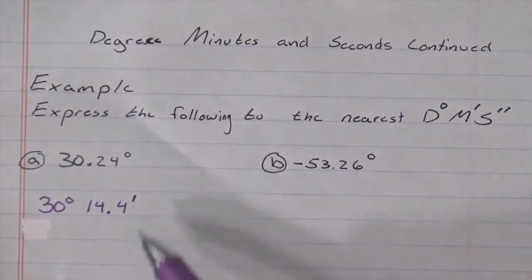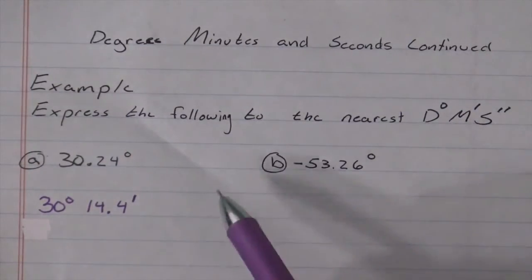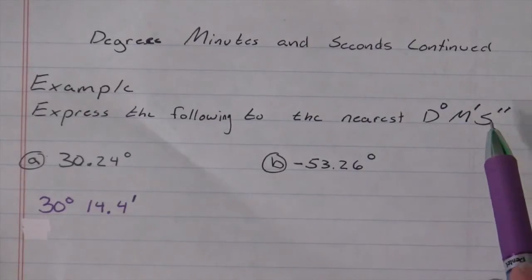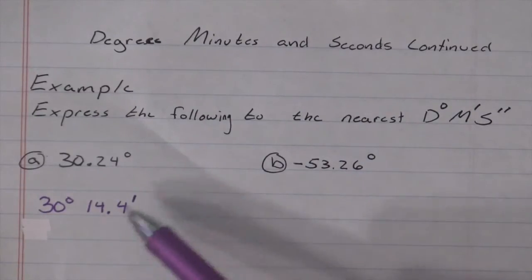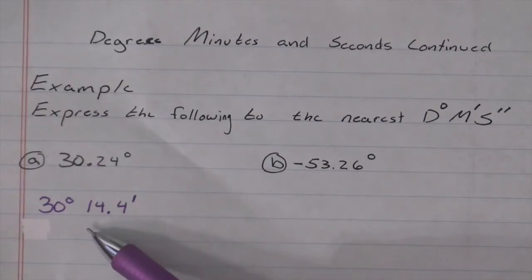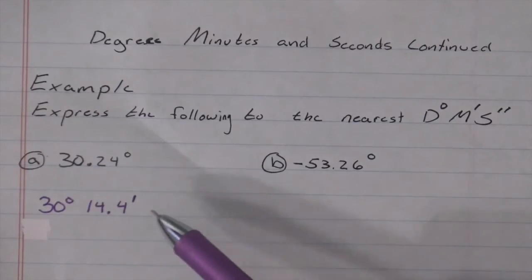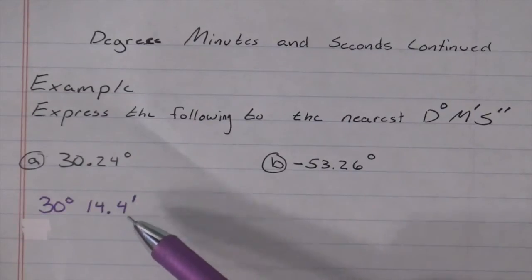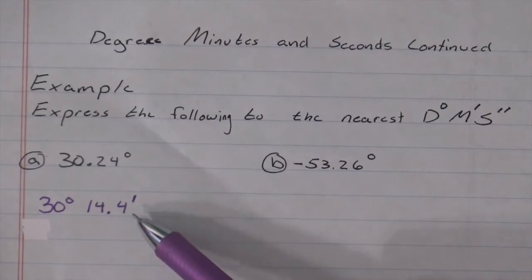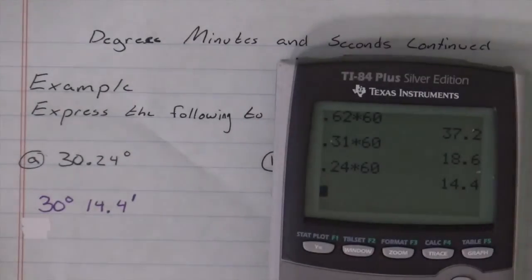Now, instead of rounding, we need to go a little farther and change it also into seconds. Well, just like we did a while ago, where since we knew that 1 minute is a 60th of a degree, we know that 1 second is a 60th of a minute. We're simply going to take this new decimal, which is 0.4, and multiply it by 60.